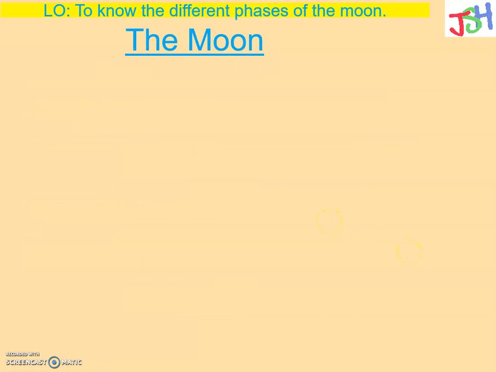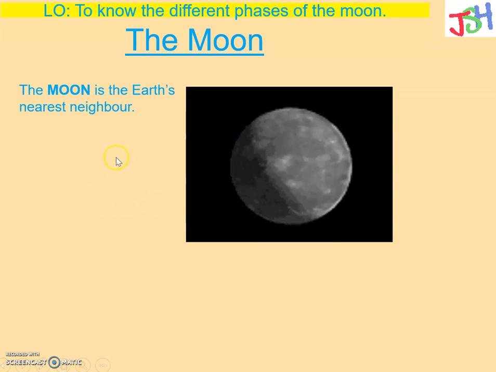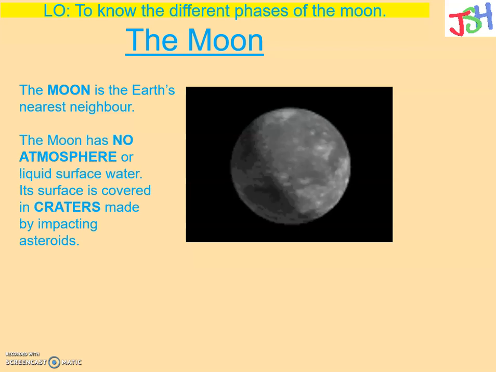The moon. The moon is the Earth's nearest neighbor. It takes the moon about 28 days or 1 month to orbit the Earth. The orbit of the moon is tilted so that the sun is able to cast its light on the moon.